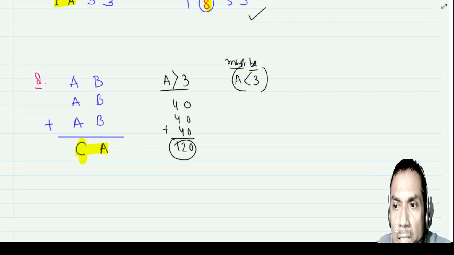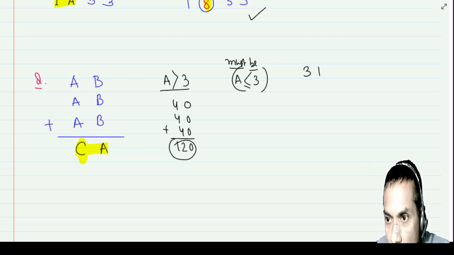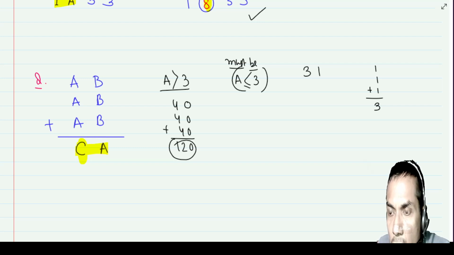So we considered, for example, A equal to 3. Okay, consider 3, right? And B as 1. Why did you choose the 1? Because look, if we add 1 three times, we get 3. So on the right side, if we consider 1, what will happen?